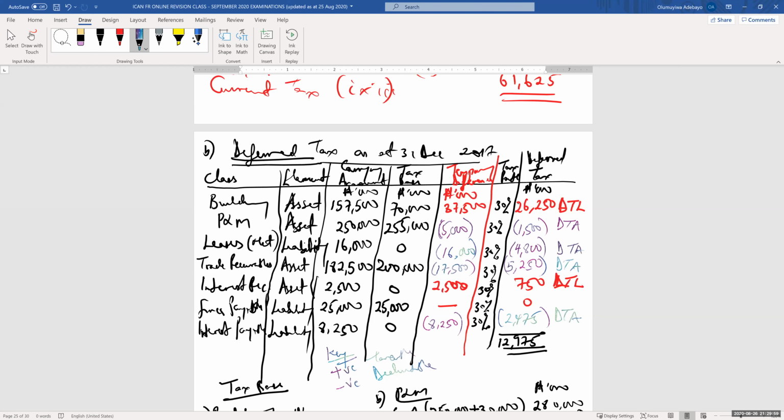Okay, which means net, what do we have? The net position is deferred tax liability. Let me write it clearly.